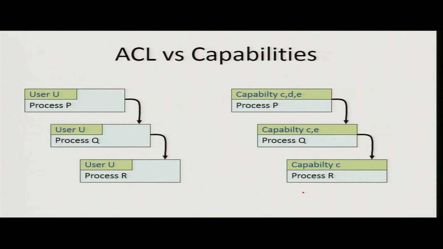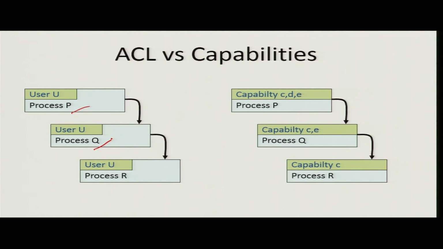So, in access control, for example, if process P is running as user U and it creates a process Q, let us say through a fork, then it will also run as user U unless process Q is a set UID program.